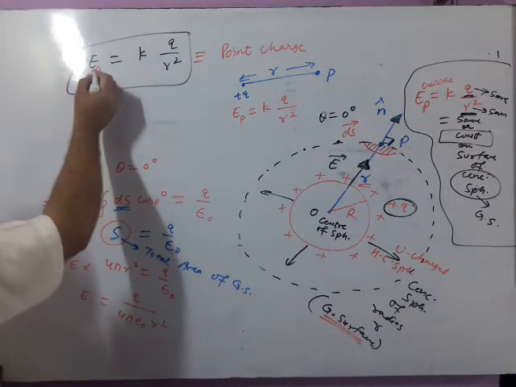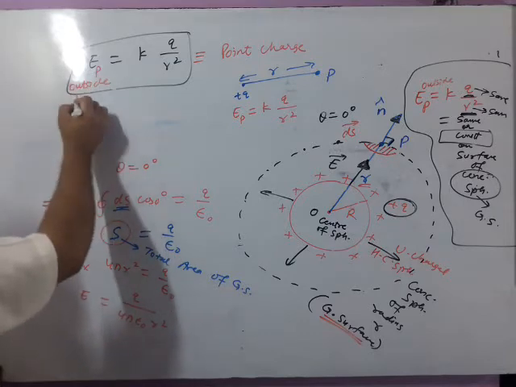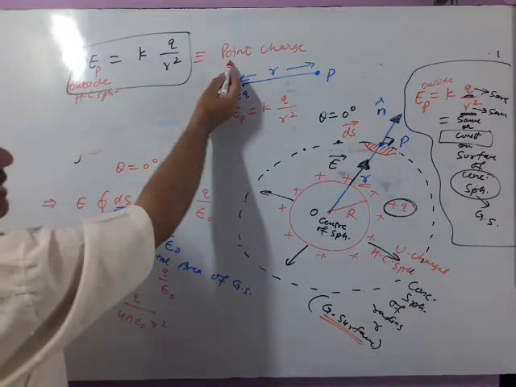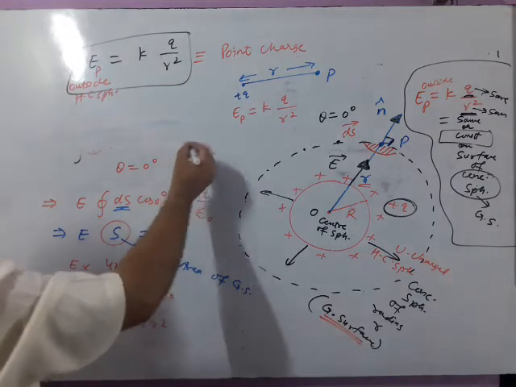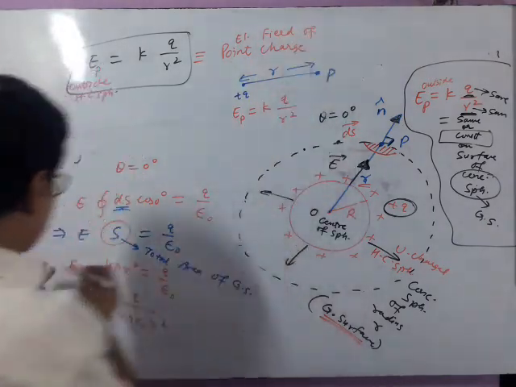This is the answer for electric field due to a point charge, and we have the answer for the sphere. This is the electric field at any point P outside the hollow conducting sphere, and it is matching the answer of a point charge. So we say it is the electric field of a point charge.